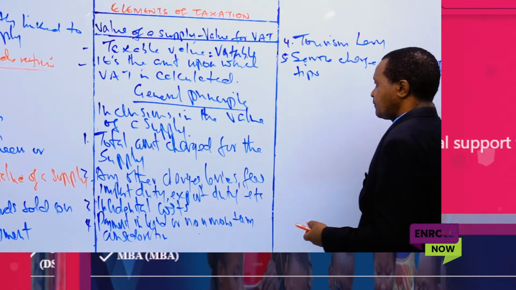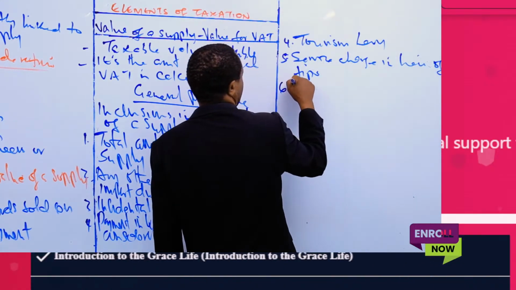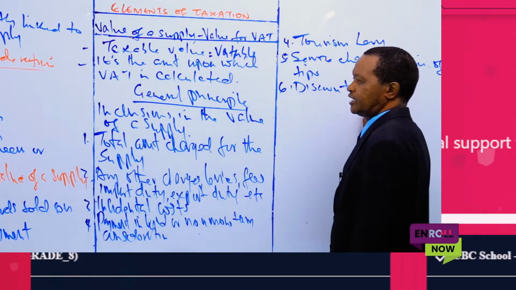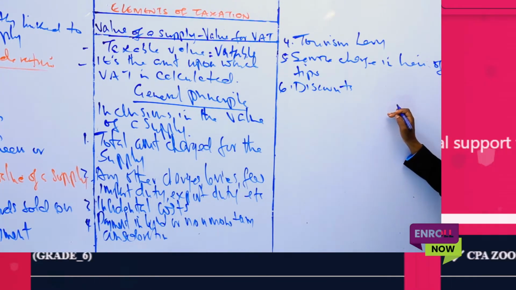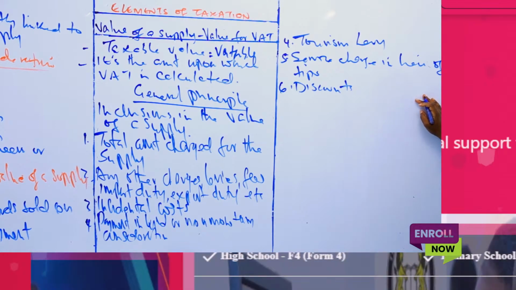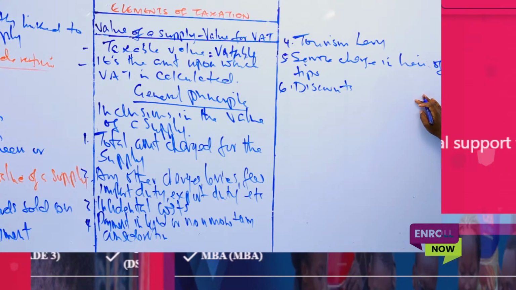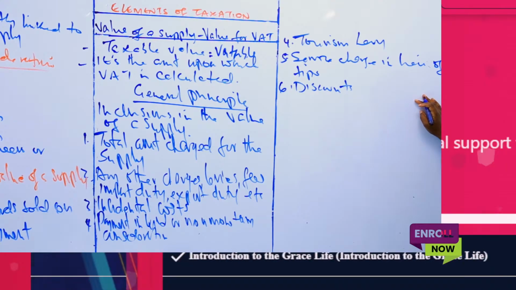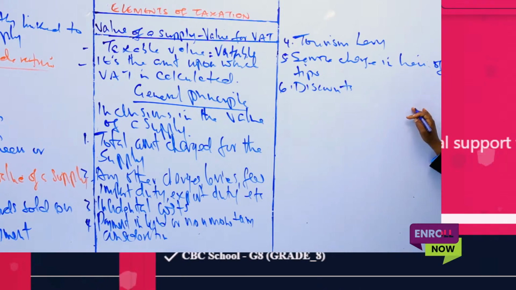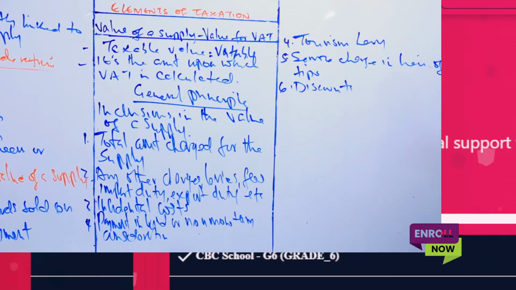We can also cite number 6, discounts. Discounts are exclusions from the value of a supply. These are bona fide trade discounts offered at the time of a supply. They generally reduce the taxable value. So these are 6 exclusions from the VATable value.